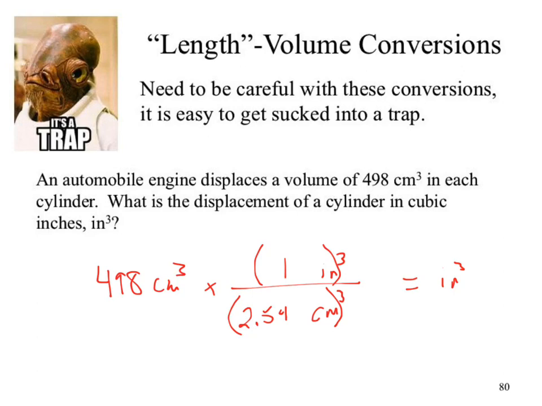It's 498 divided by 2.54 cubed, or divided by 2.54 divided by 2.54 divided by 2.54. So your real calculation is 498 divided by 16 and change to get your correct answer. So be careful with your conversions when you're dealing with length measurements with volume. Your compound units get in the way.